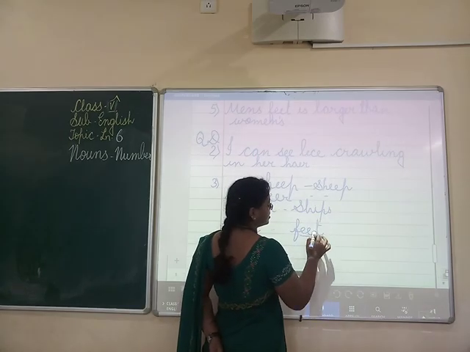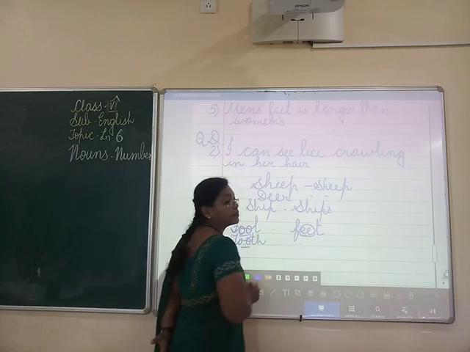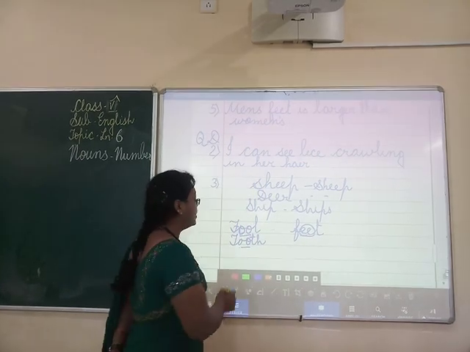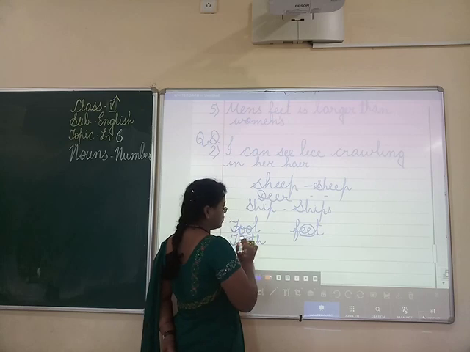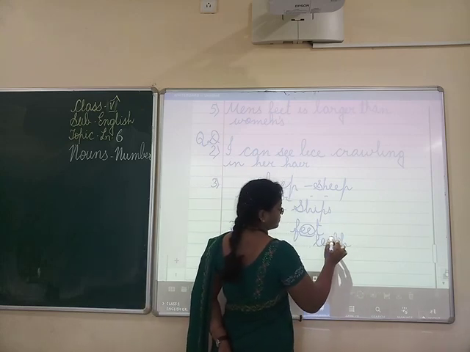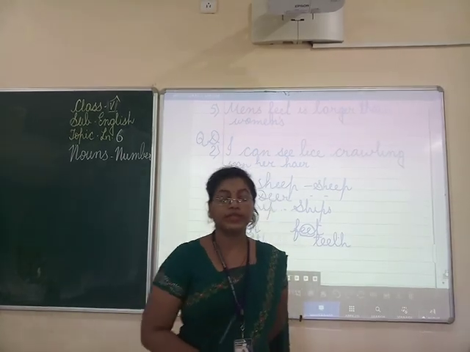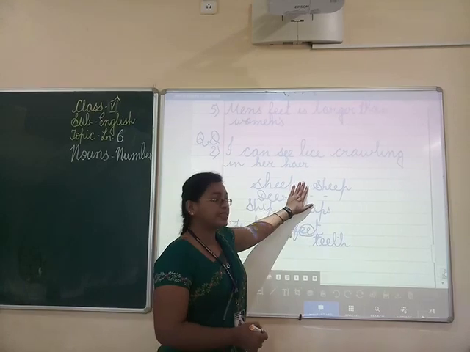We have changed the vowels here. Instead of double O, we have used double E. And here also tooth. Instead of double O, we use double E. It will become teeth.